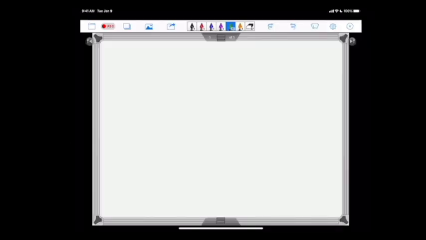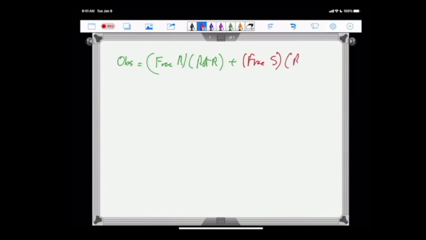So what the math would look like is this. The observed rotation is equal to the fraction of R multiplied by the rotation of R, plus the fraction of S multiplied by the rotation of S. Now from what we've talked through, we know that there should be a majority of this S compound here.